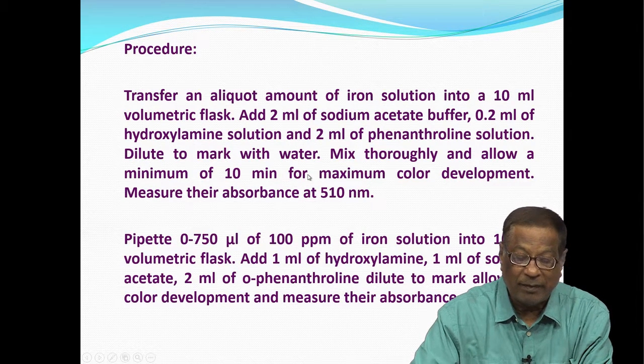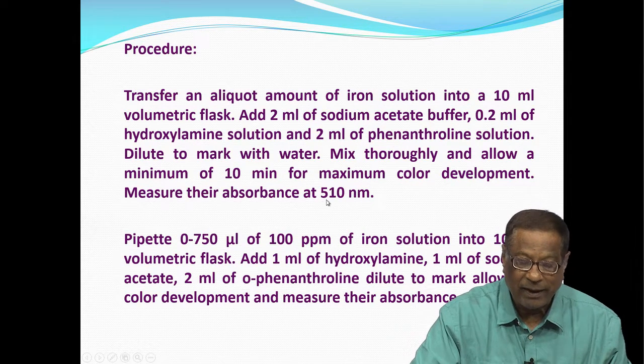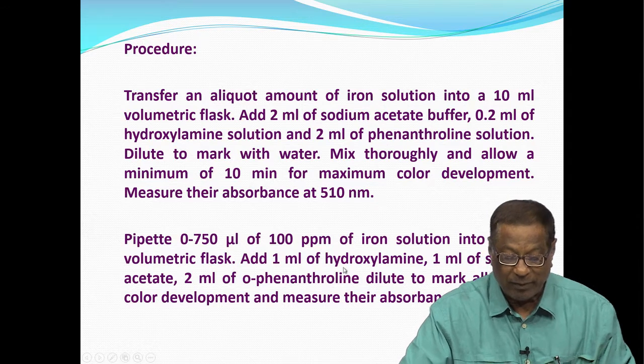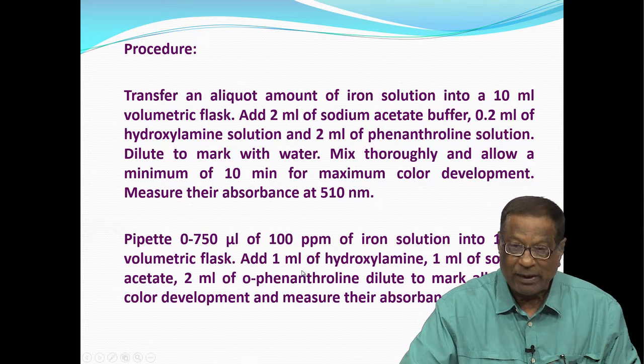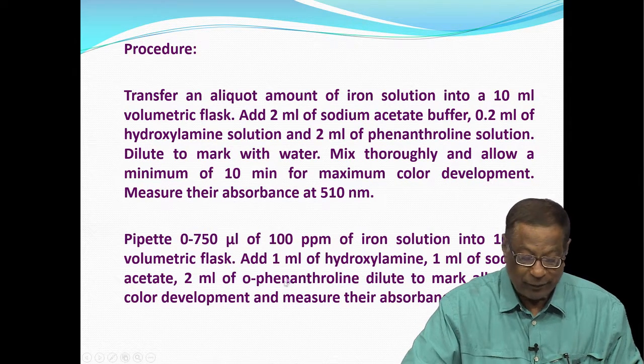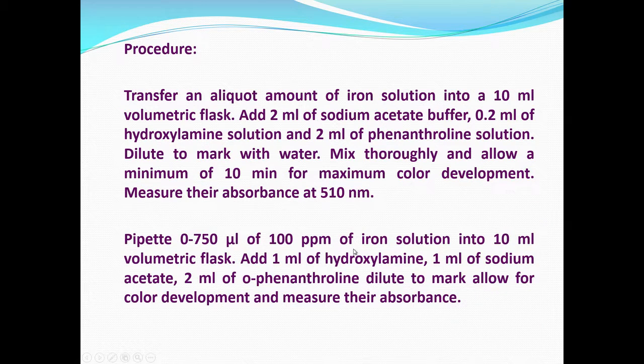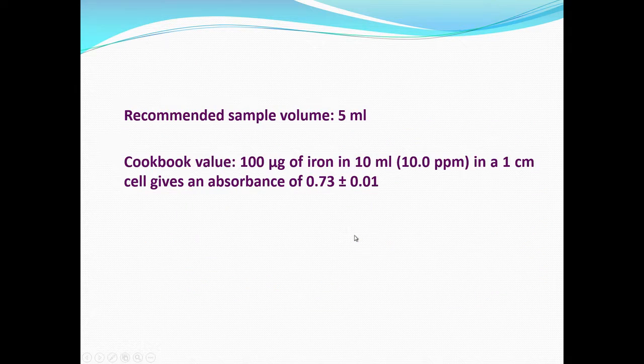And then lambda max is at 510 nanometers. You have to pipette about 0 to 750 microliter of 100 ppm sample solution into a 10 ml volumetric flask. This is for the standard. If you add all these reagents as I have indicated here, you will have a good curve, that is good measurement numbers, and the recommended sample volume is about 5 ml.